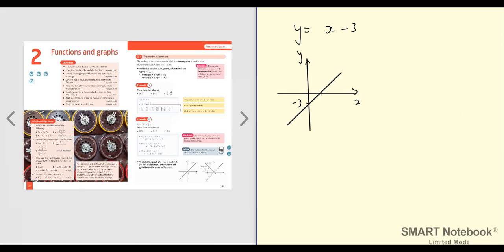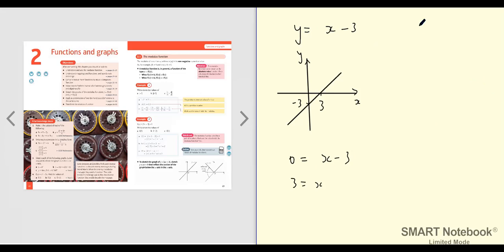What is the x-intercept for this curve? Shouldn't be too bad. My y equals 0, so 0 is going to equal x minus 3, so I get x equals 3. So that point there is 3.